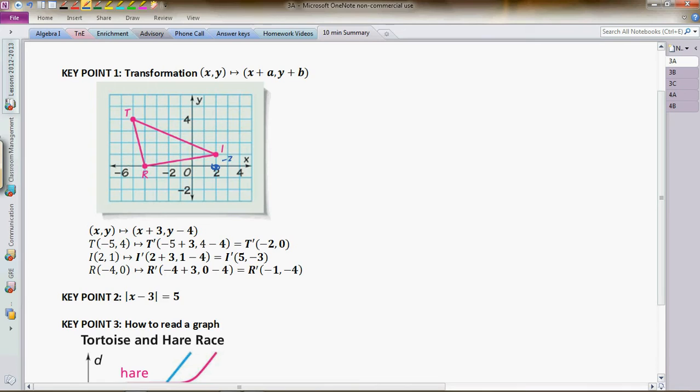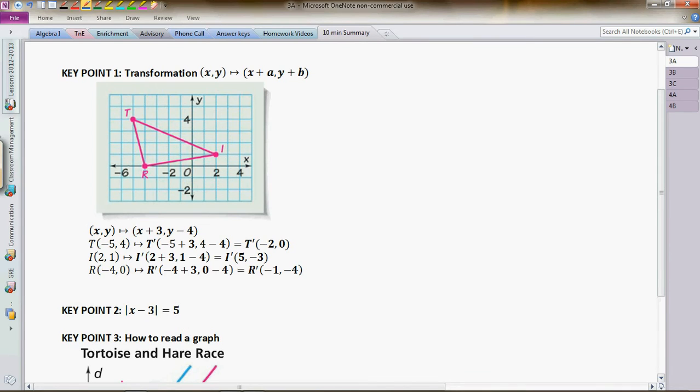No, I'm sorry, that's 2, 0. This is T prime. And I prime will be 5, -3. That's I prime. And R prime will be -1, -4, so it's right here. And you see the new triangle. And that's how you translate.